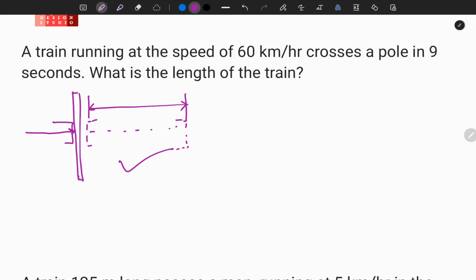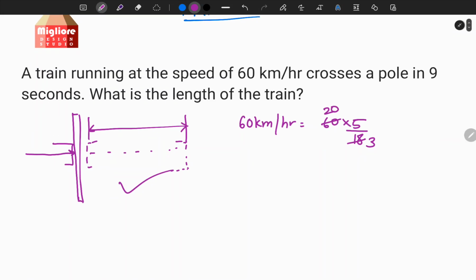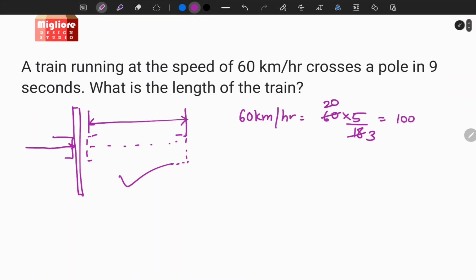So 60 kilometers per hour, as discussed, is actually 60 into 5 by 18. So 6 3s are 6, 2s are 20s are. So that's 100 by 3, and that is equal to approximately 33.34 meters per second. Now it takes 9 seconds to cross the entire pole.